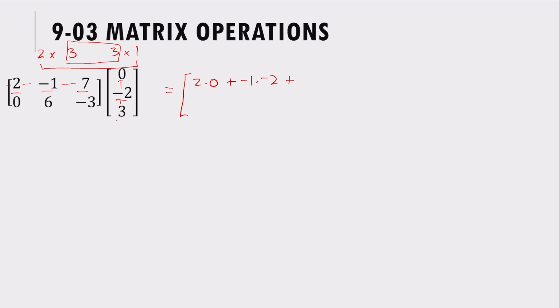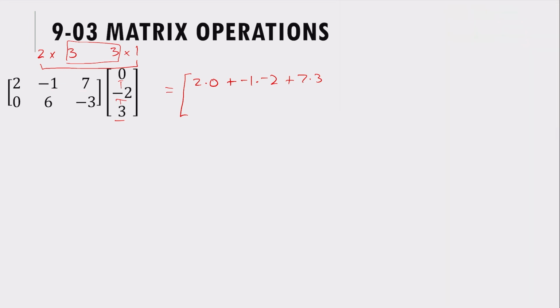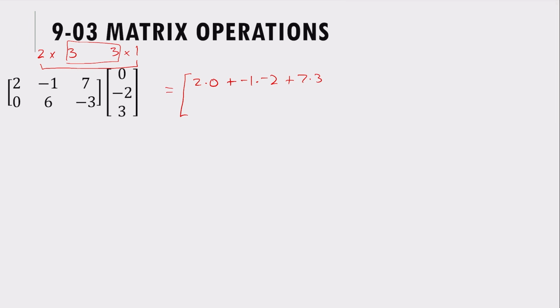Plus, and then you multiply the third numbers, 7 times 3, and so on until you run out of numbers. Then you pick a different row and column. Such as the second row and, well, I only have 1 column. It's always a row and a column.